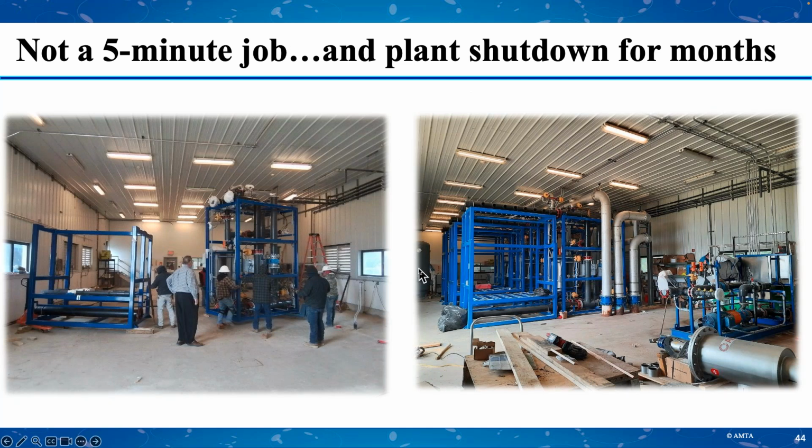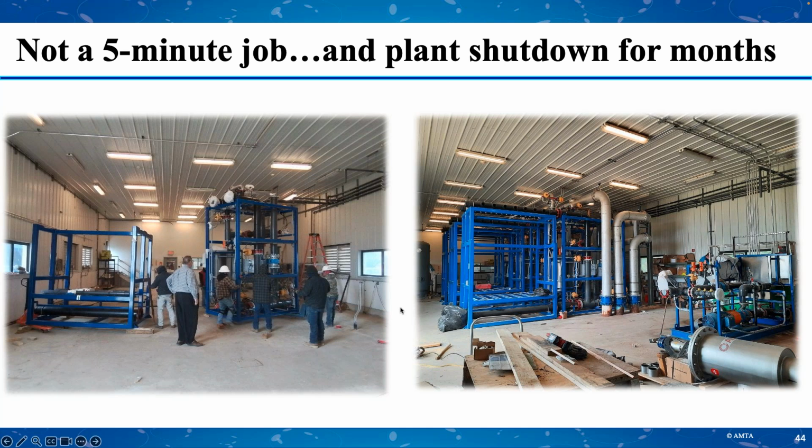Obviously, you're not looking at a 5-minute job. You have to tear down everything. Short of a jackhammer, you're using a whole bunch of tools to get this done. The plant was shut down for a month, so you can see there are no trains left to be able to do any kind of work inside. This took a month of preparation work.